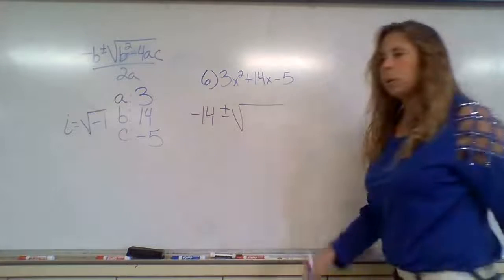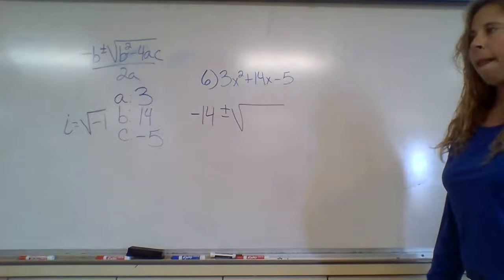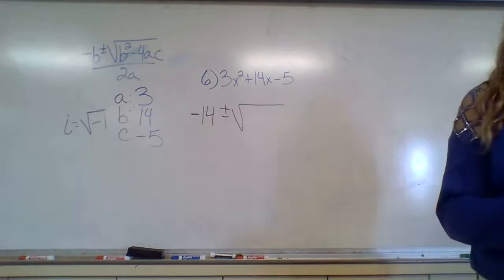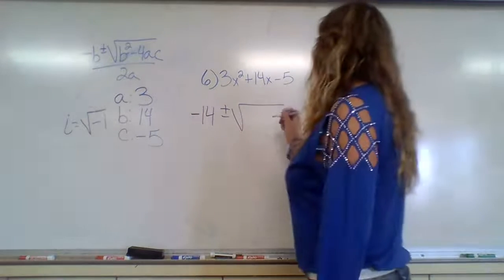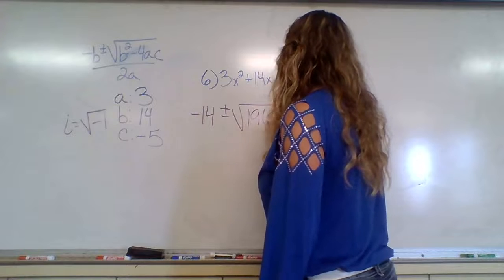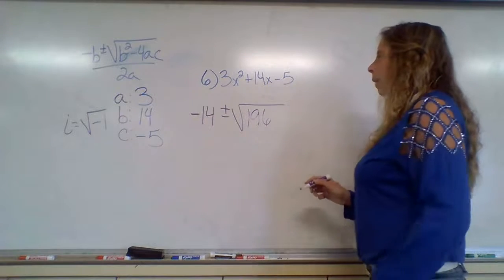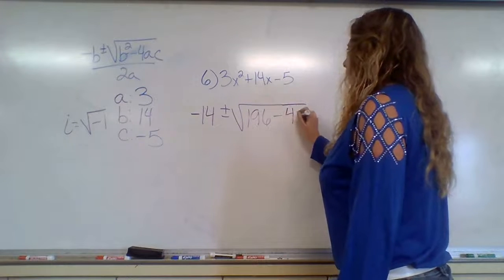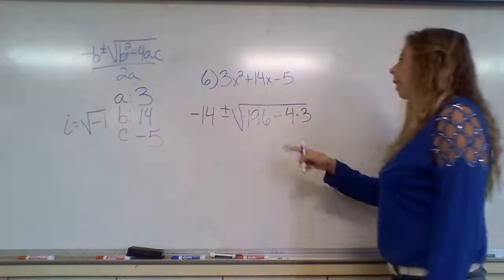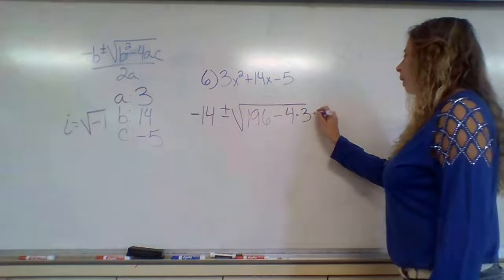14 squared, oh geez. I'm not going to come up with it off the top of my head. Hold on. This is when I need Alden or Sammy so they can just tell me the answer. 196. b squared is 196 minus 4 times 3, times a, which is 3, times c.